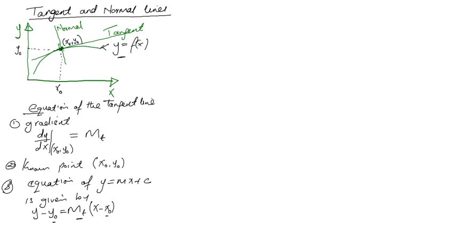From there, the second thing that you want is the equation of the normal line. So for the normal line, again we require the same things. We require the gradient. The gradient is mn.